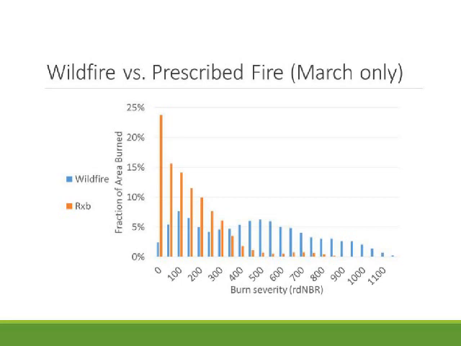So, with prescribed fires, we're not trying to burn any homes down or anything like that. We're trying to keep them relatively safe, and so there's a window of prescription to facilitate that. And so that's my guess as to why these two are so different at this time of year.